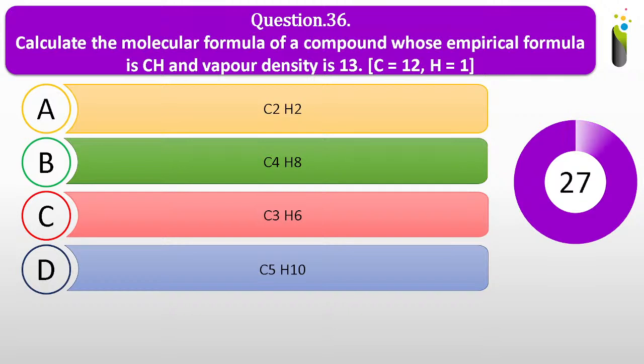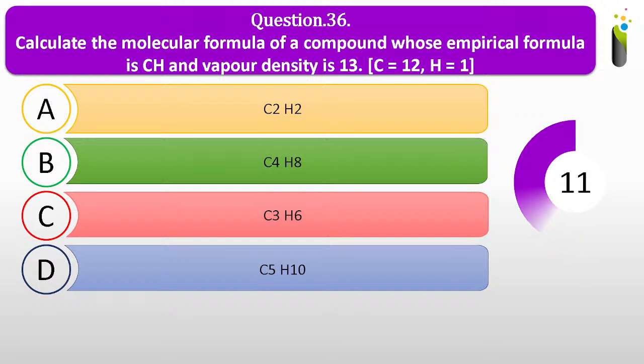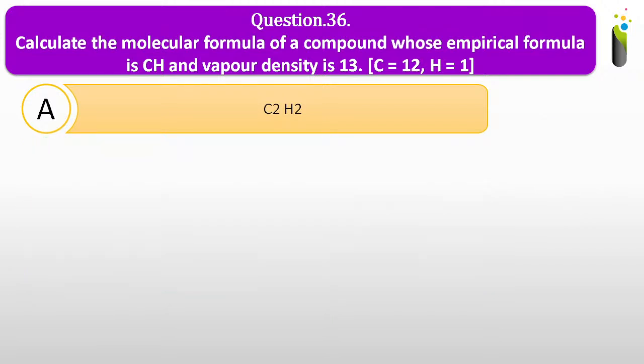So calculate the molecular formula of the compound whose empirical formula is CH and vapor density is 13. The correct answer for this question is C2H2.